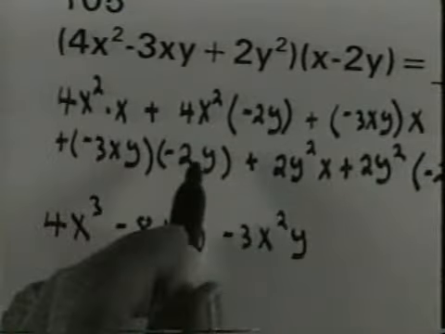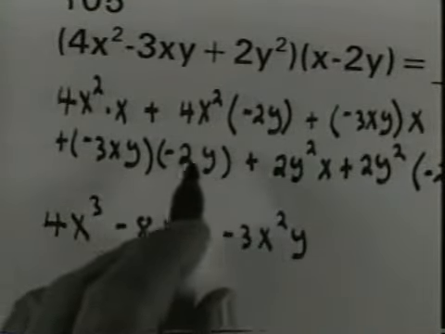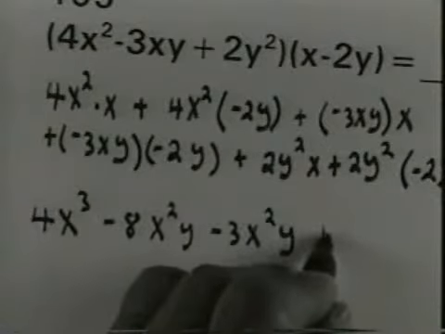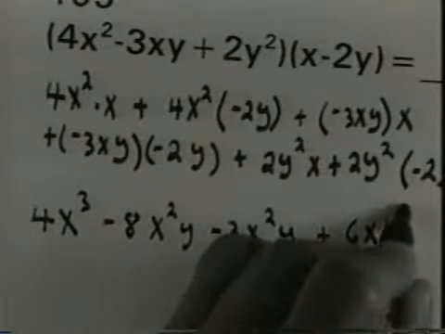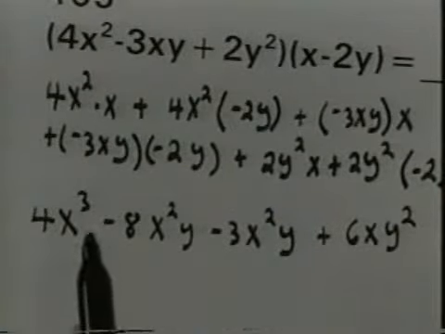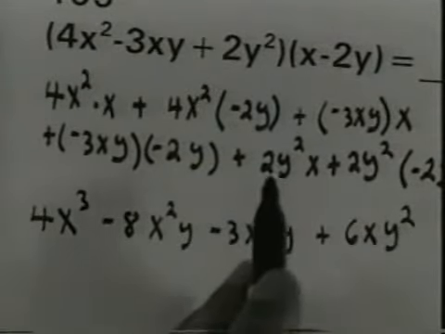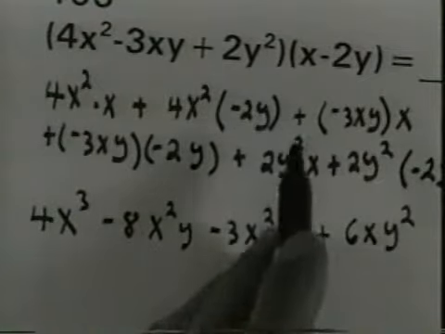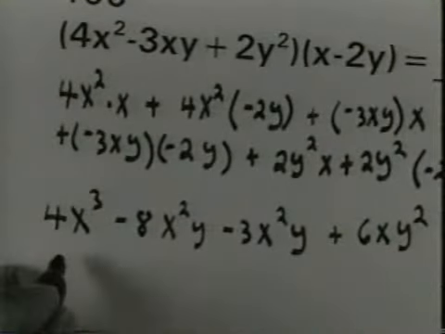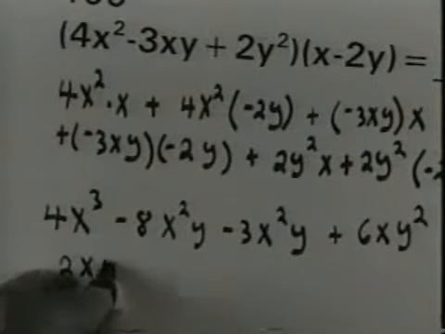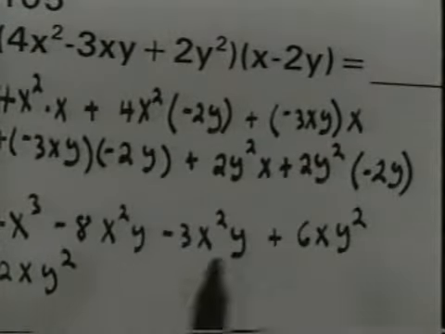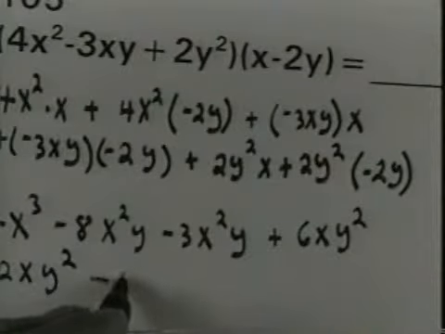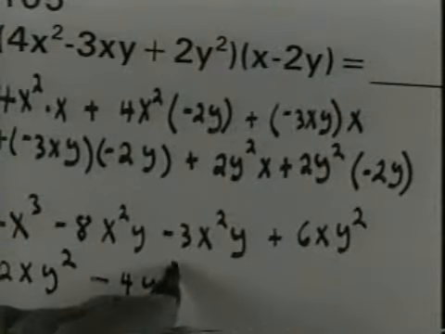A negative times a negative is positive, so negative 3xy times a negative 2y is a positive 6xy squared. 2y squared times x would just be 2xy squared. And 2y squared times a negative 2y is a negative 4y cubed.